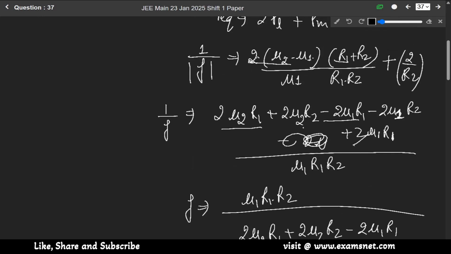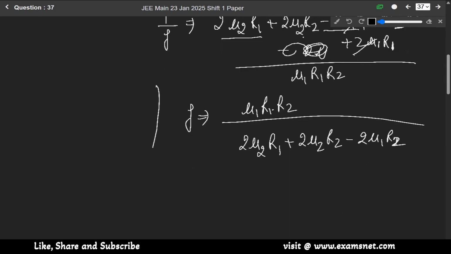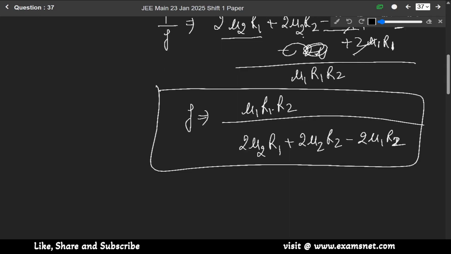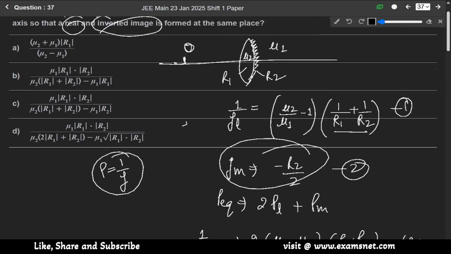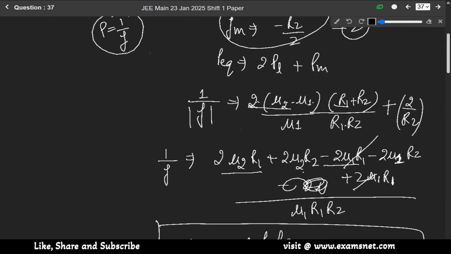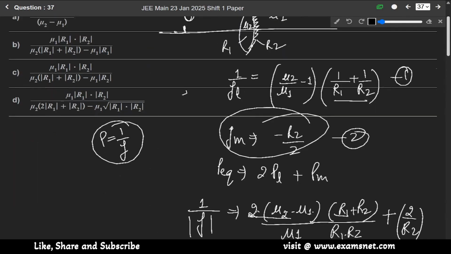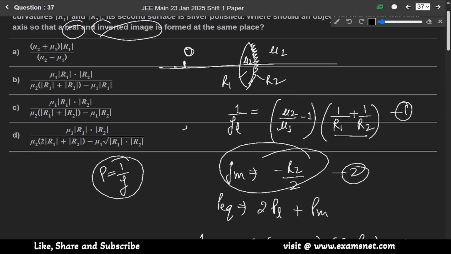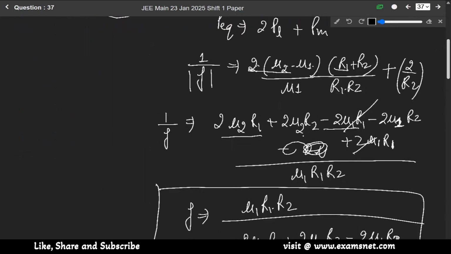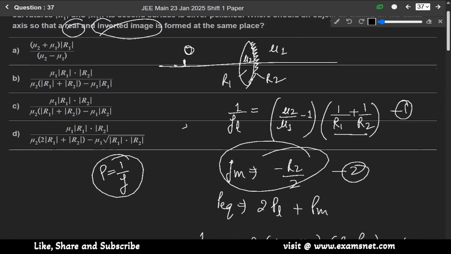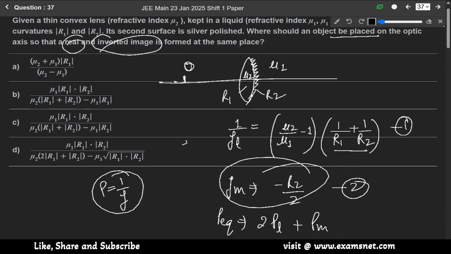So this 2 mu1 R1 cancels out, so it will be minus 2 mu1 R2 only. So this is our answer, and for this F the correct option is mu1 R1 R2 over 2 mu1 R1 plus 2 mu2 R2 minus 2 mu1 R1. It means option 3 is the correct answer.